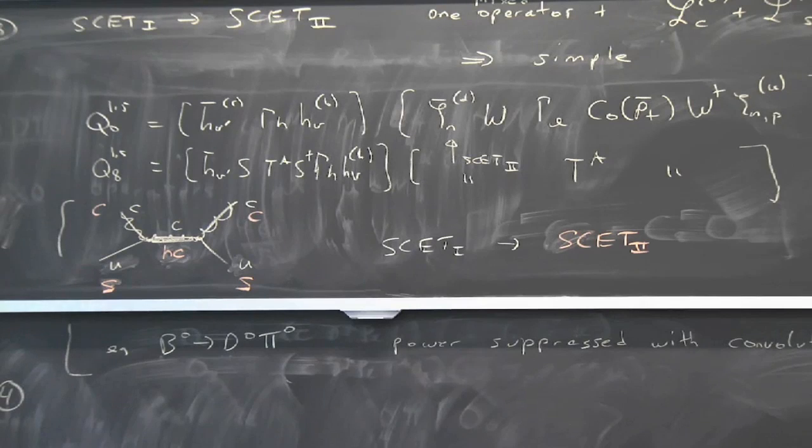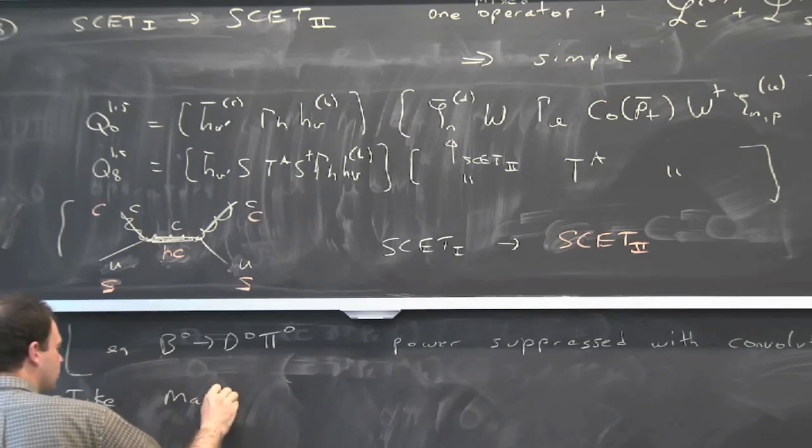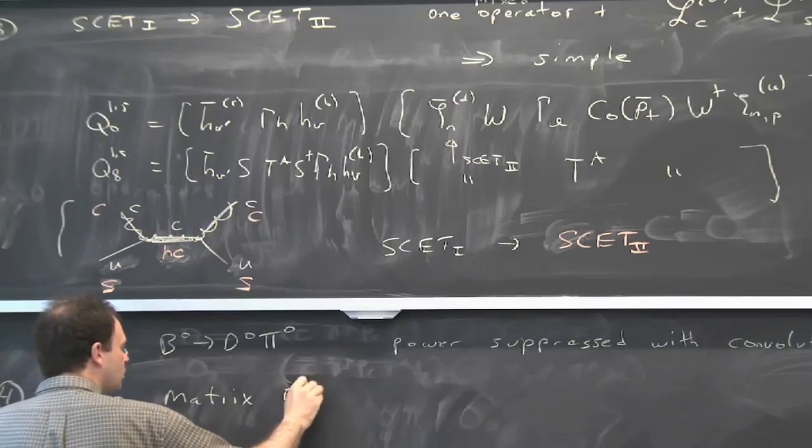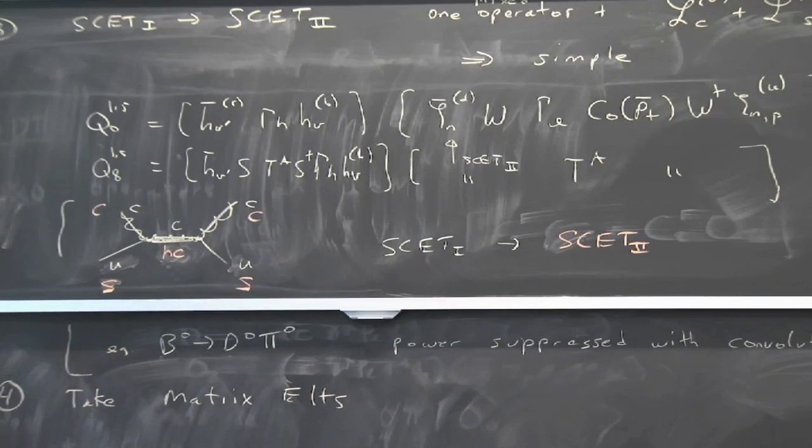All right, so number 4, so this is an aside. Number 4, take matrix elements. And here we find actually that one of the matrix elements is just 0, the one with the octet. So let me write the non-zero ones first.